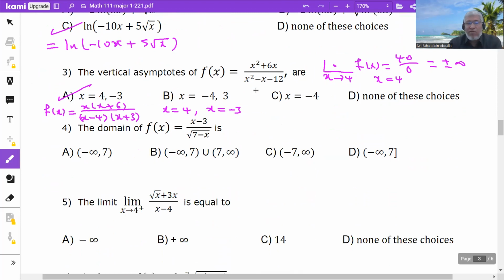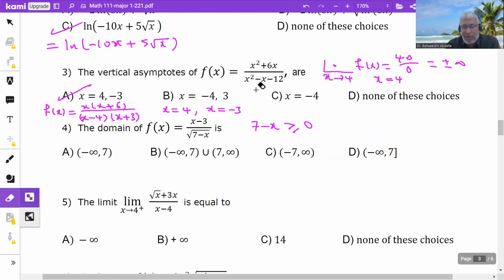The domain of this function: I have square root of 7 minus x. Whenever I have a square root, what is inside the square root has to be greater than or equal to 0. But since the square root is in the denominator, it cannot be equal to 0. So 7 minus x cannot be equal to 0, and I have to remove the equality sign here.